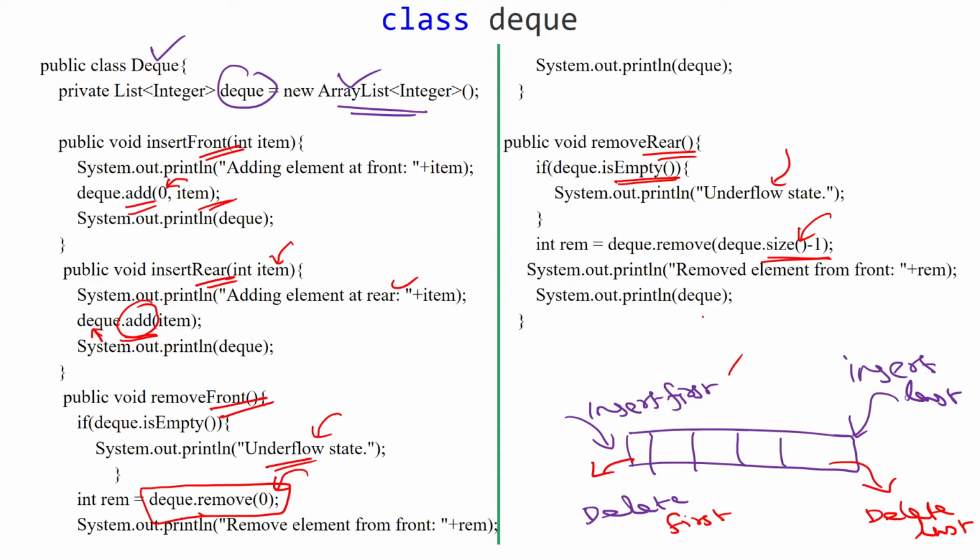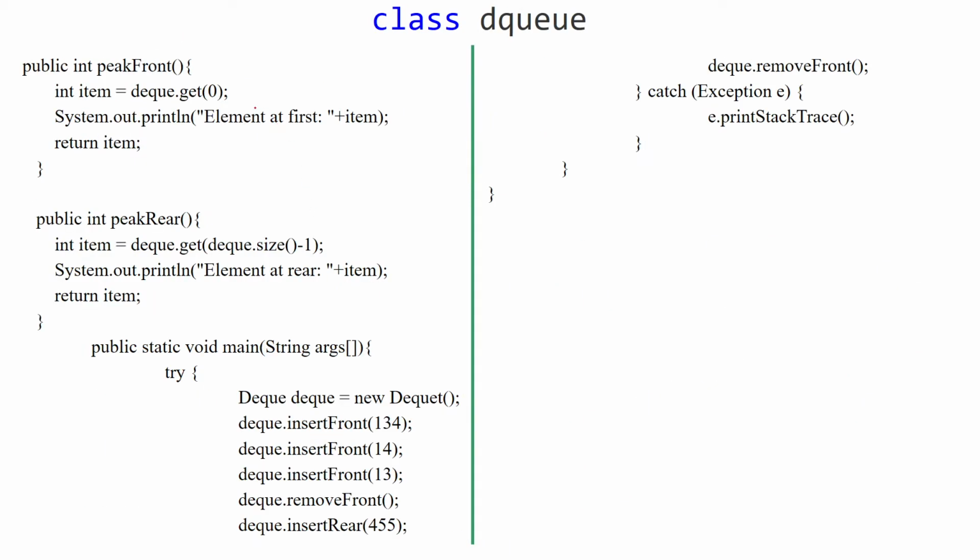So this is the way to insert and delete the elements from the doubly ended queue. If you want to access the first element in the queue, we can access it by using the get method.